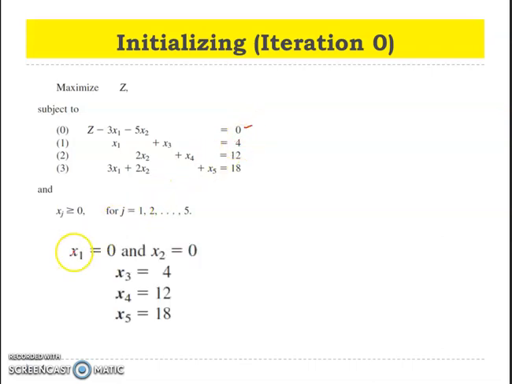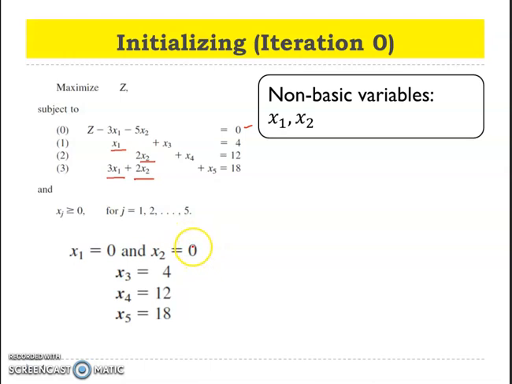Now, if we substitute these two variables x1 and x2 equal to 0, then we can find out the value of the other variables also. So here x1 and x2 equal to 0, x3 will give you 4, x4 will give you 12, and x5 will give you 18. So these variables x1 and x2 are known as non-basic variables, which we equate to 0.